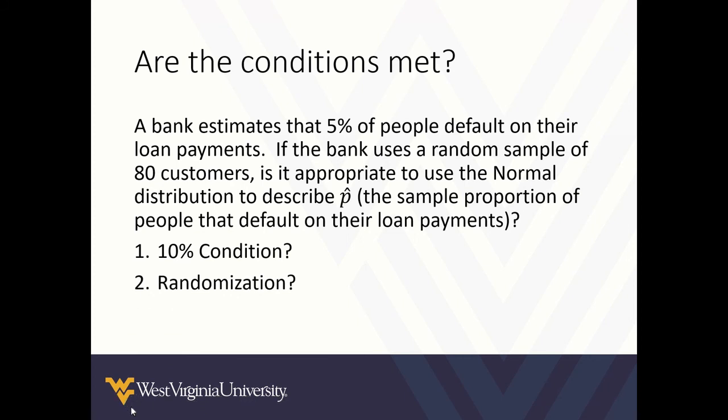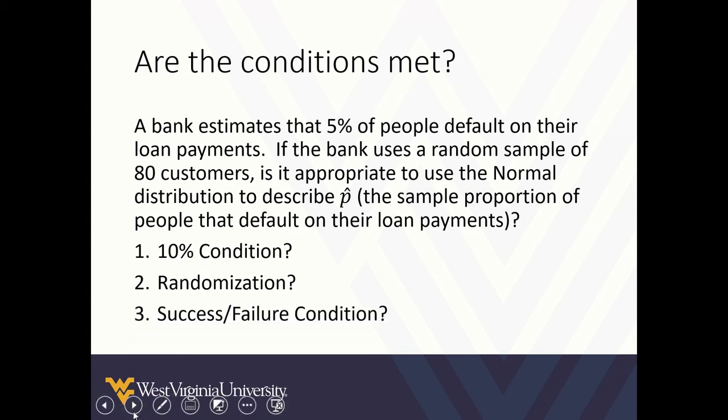Randomization, we are told that it is a random sample, so that is very good. Now we have our success-failure condition. We do need to consider that we are looking at 5%, and so we need to have at least 10 people. If we consider 5% of 80, that's actually only 4. And so that means that condition's not going to be met.